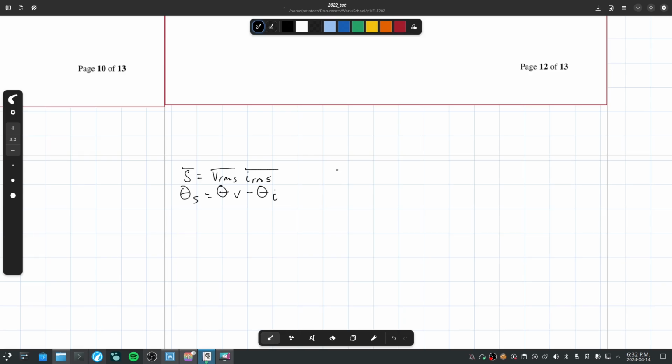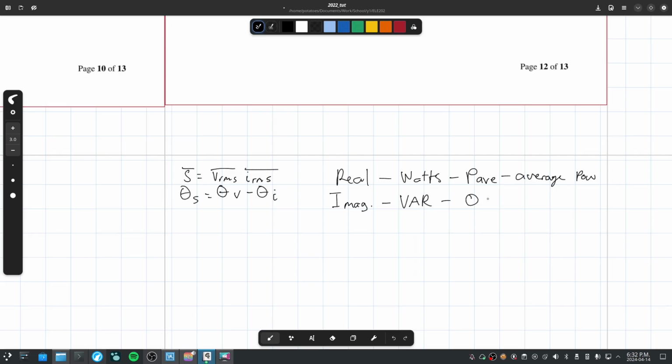Real is associated with watts, also written as P average, or total average power. The imaginary component is written in VAR.